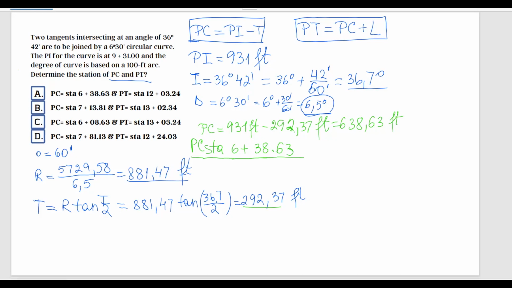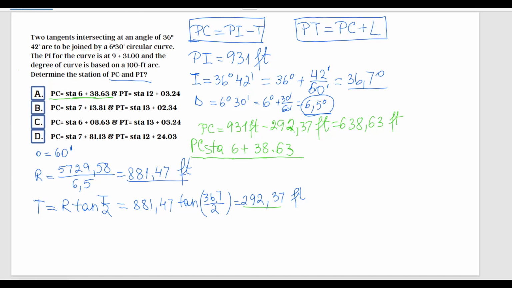I can see that option A is a match for the PC that I have found. No other option shows station 6 plus 38.63. So on the exam, I would stop here and move on to another problem, because this is the only match I have.